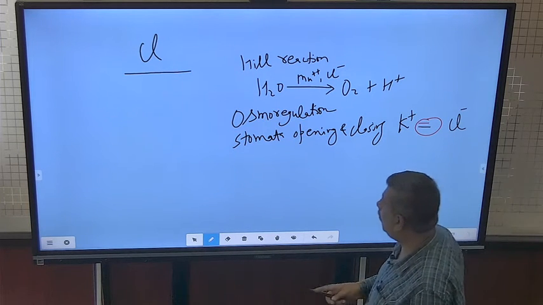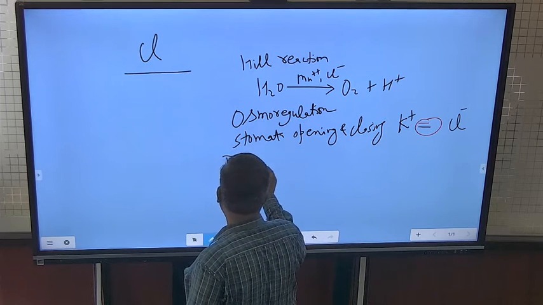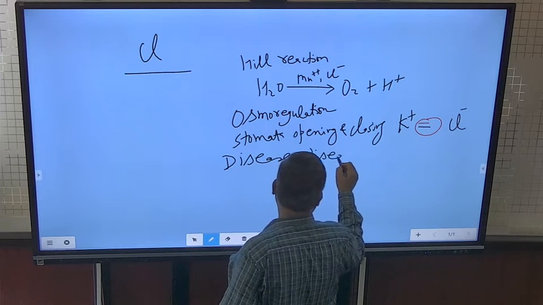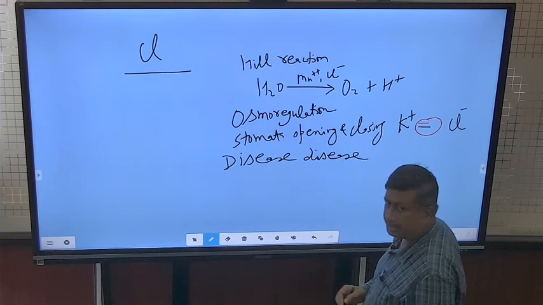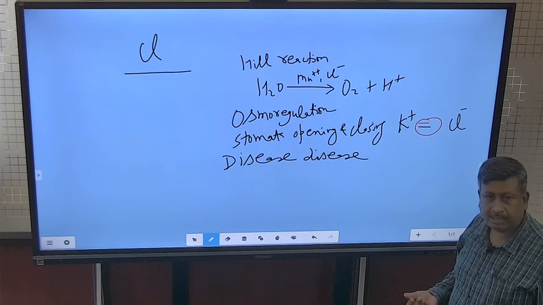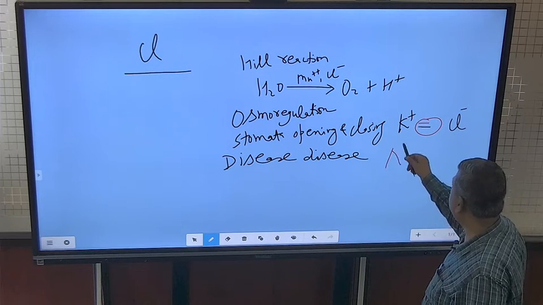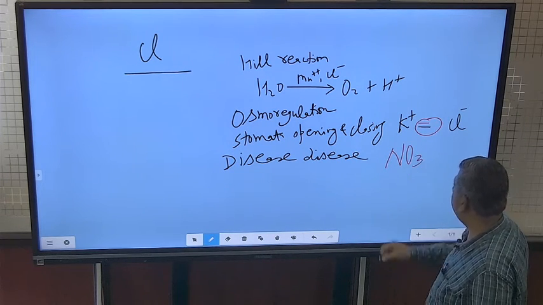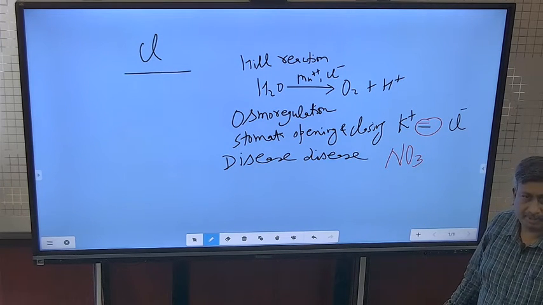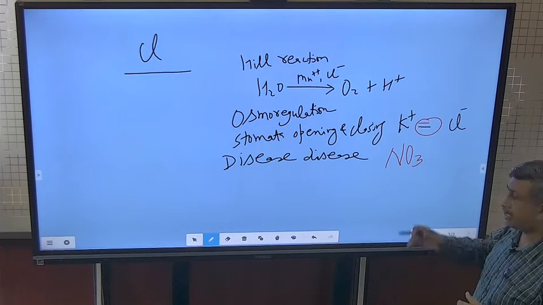Another important role of chlorine is in disease suppression. Many diseases are suppressed by chlorine application, particularly root rot disease, and this disease suppression may be due to the competition with nitrate. Actually, when there is more uptake of nitrate, this high nitrate content leads to susceptibility to diseases because of succulency and free nitrogen.